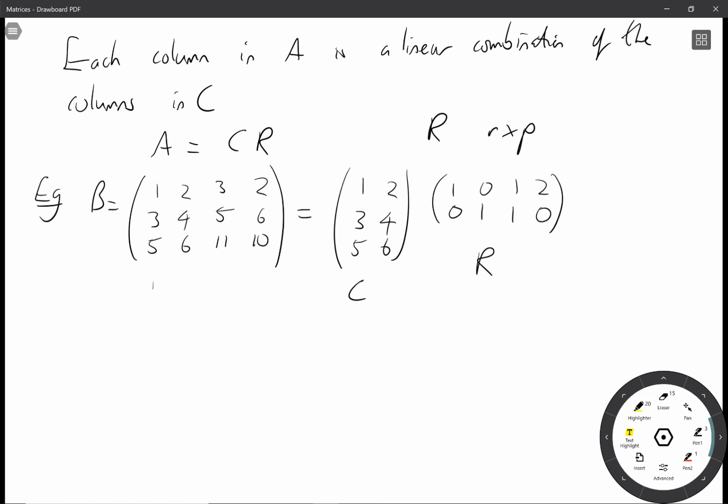So the dimension of R must be R times P, as we said.